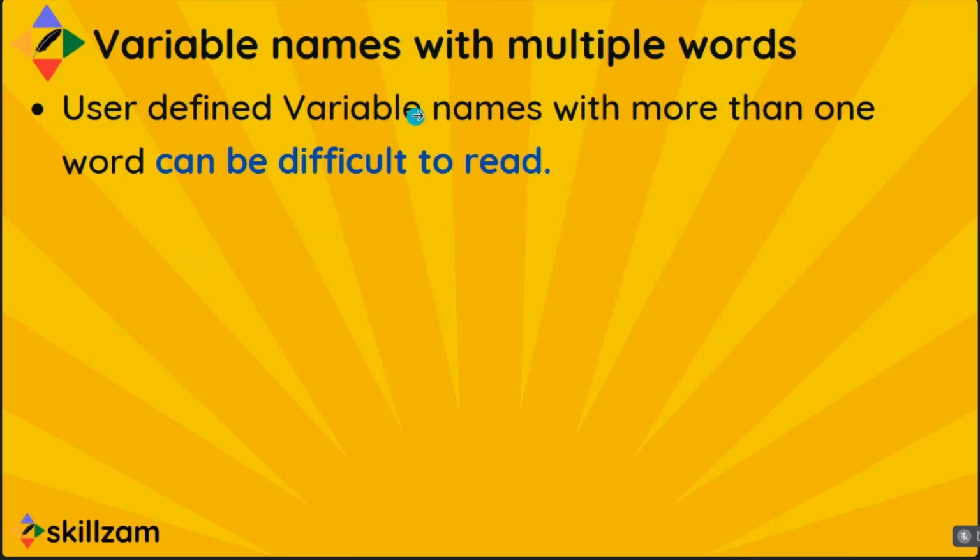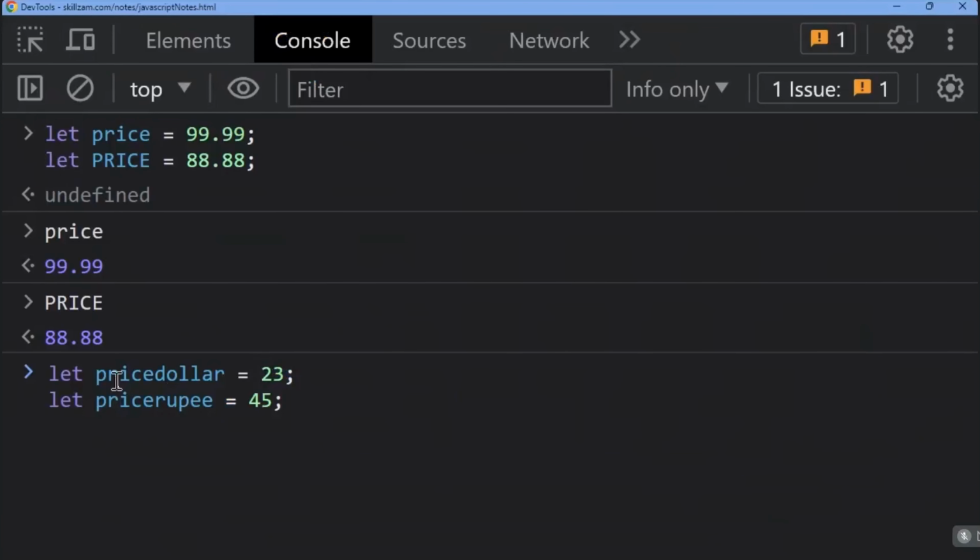User defined variable names can have more than one word, which might be very difficult to read. Where does it end? Is it price seed, price dollar?